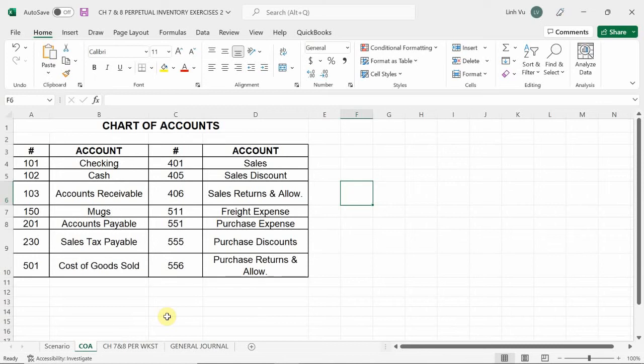Mugs. And what else? Sales discounts. No sales discounts yet, because we didn't pay yet. I'm assuming I'm using the gross method. What else?